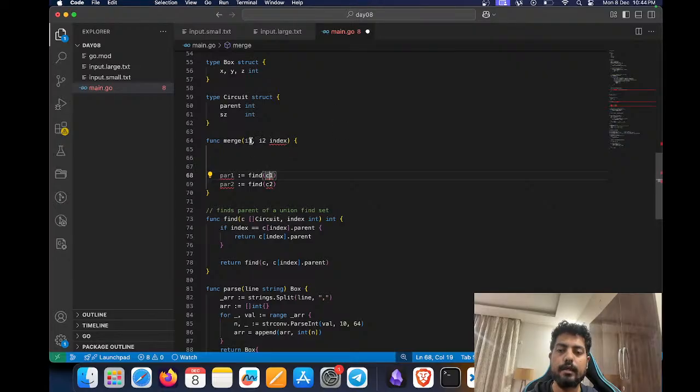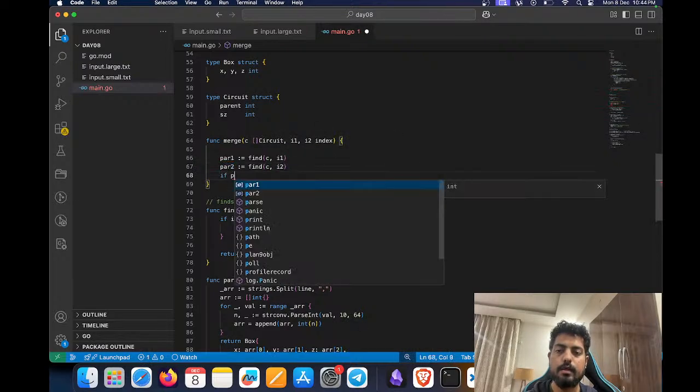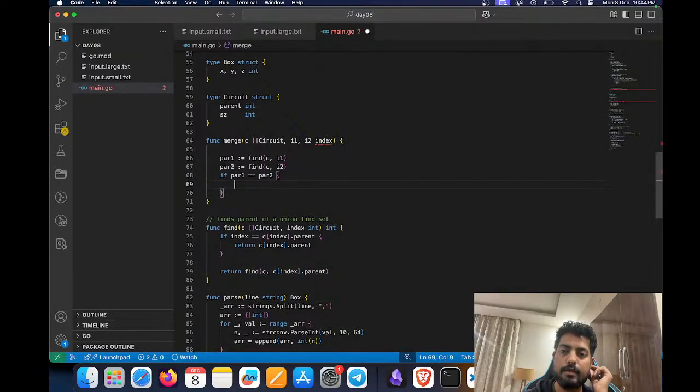And we also take our circuit array, so it will be our circuit array at I1 and circuit array at I2, that is the parent 1 and parent 2. If parent 1 equals parent 2, then clearly they're part of the same circuit, so we just return.